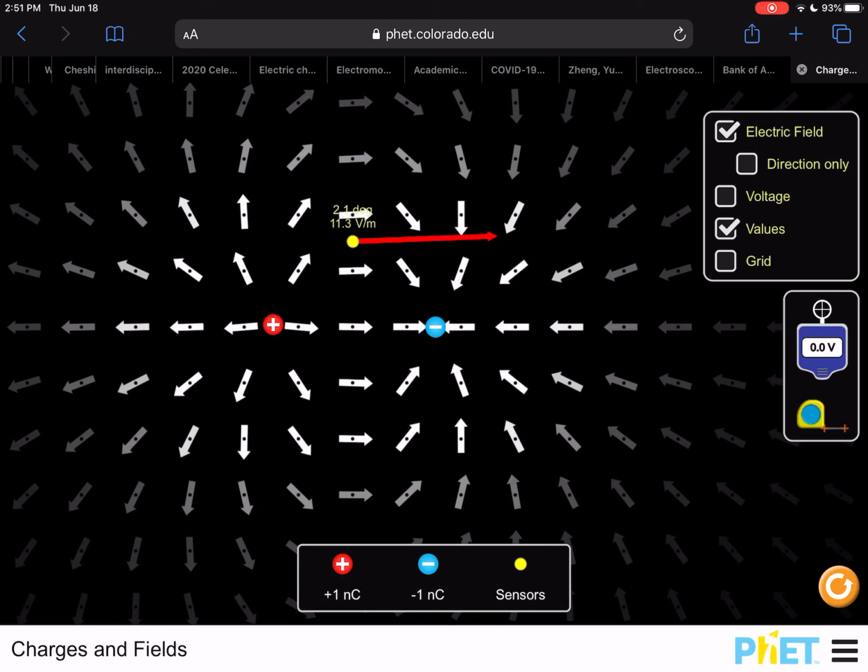Okay, and the reason for that is that if the electric field due to the positive charge is up and to the right, and the electric field due to the negative charge is down and to the right, and they're both the same size, then the up and down parts cancel by symmetry, and the parts that are to the right add up.